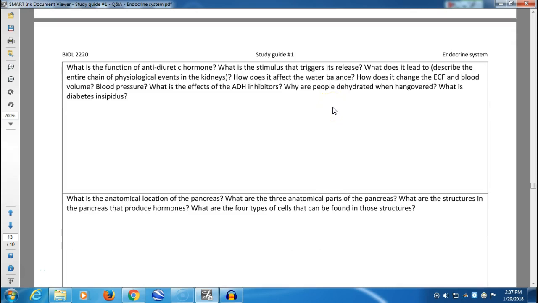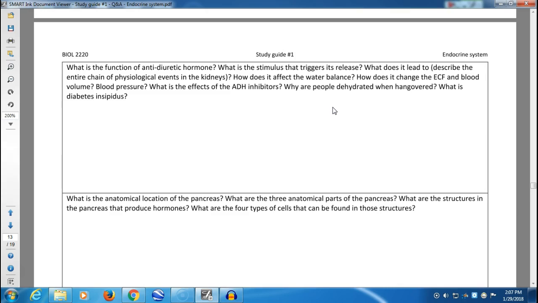Antidiuretic hormone. Okay. What are the triggers for antidiuretic hormone? Low blood pressure. What else? High blood volume will be high blood pressure, right?